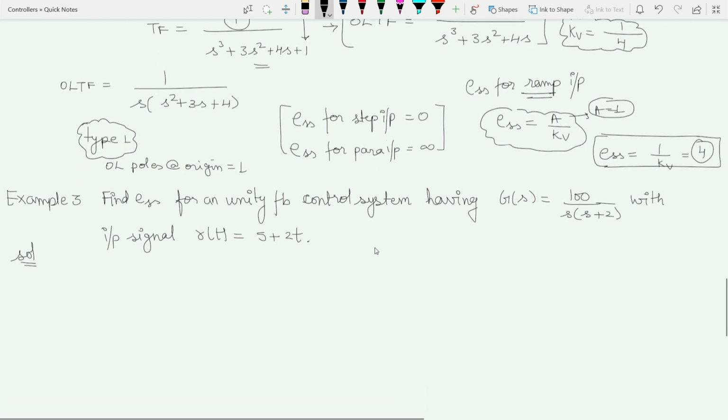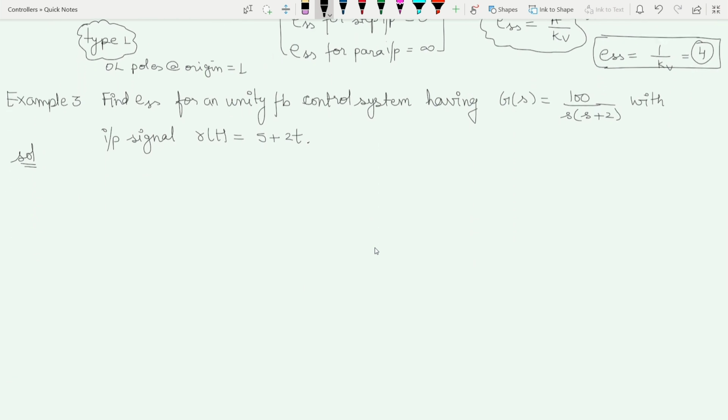For the next question, we have to find the steady state error for the unity feedback control system having the transfer function G of s equals 100 divided by s plus 2, and the input signal is r of t equals 5 plus 2t.